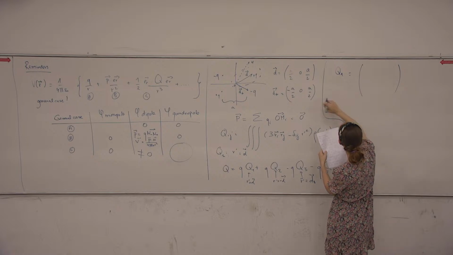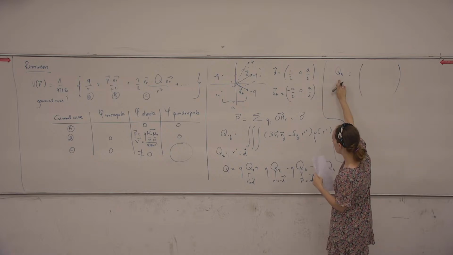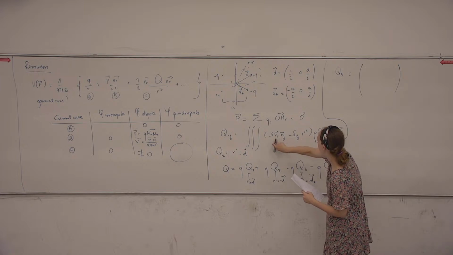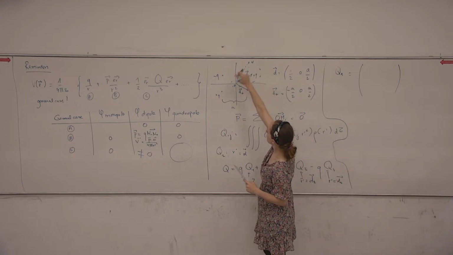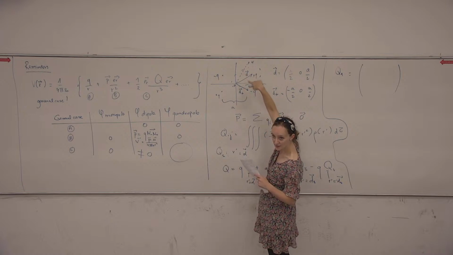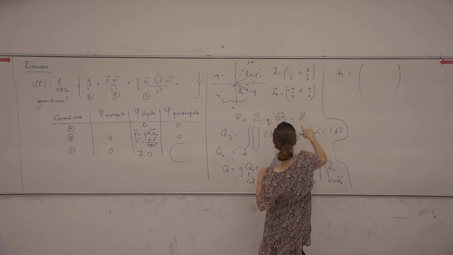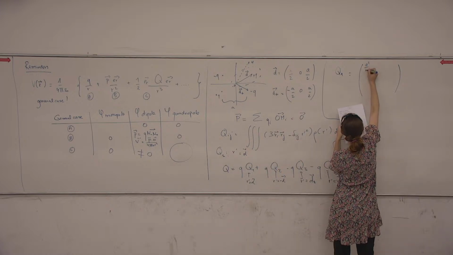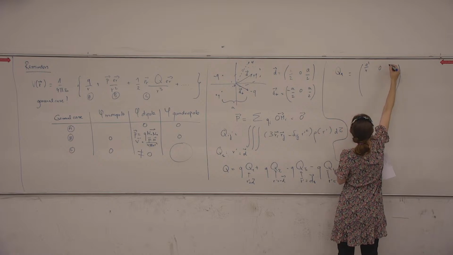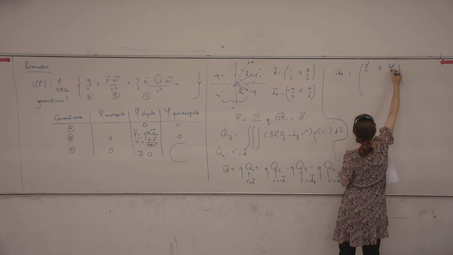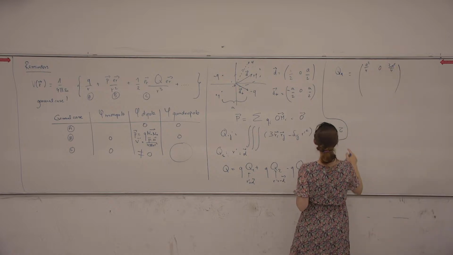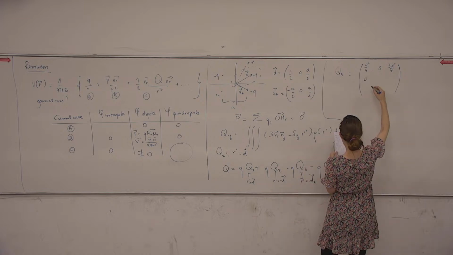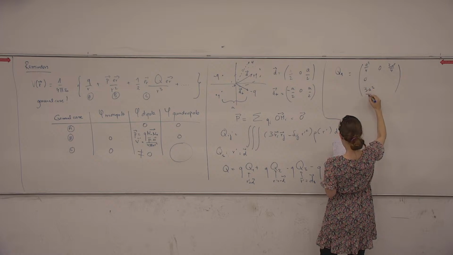Okay, so let's start with Q1. In the case of Q1, this R prime here is equal to D. And I have Ri and Rj. The R's are the ONs, and the R primes are these. So I'm getting here a squared over 4, 0, 3a squared over 4, and here Q22 is going to be 0, 3a squared over 4.